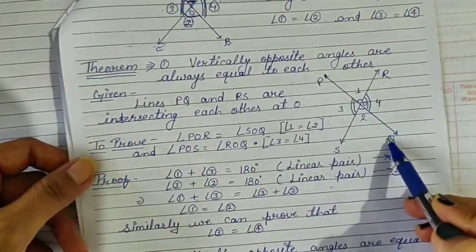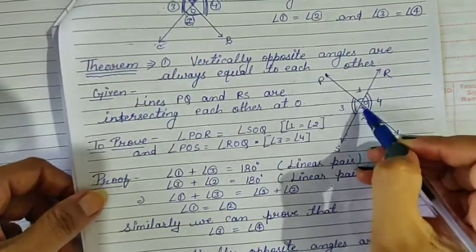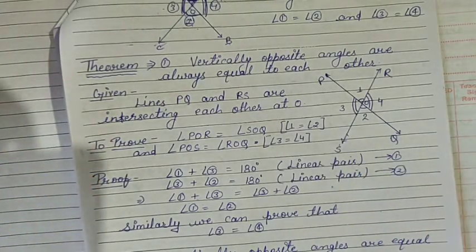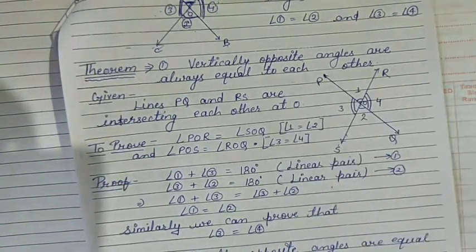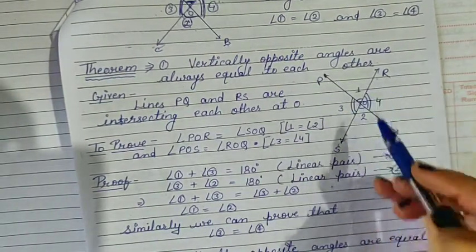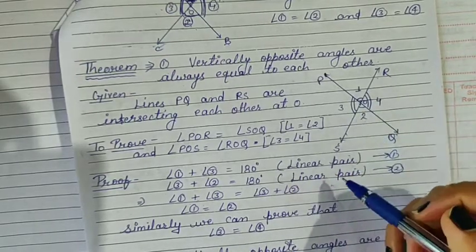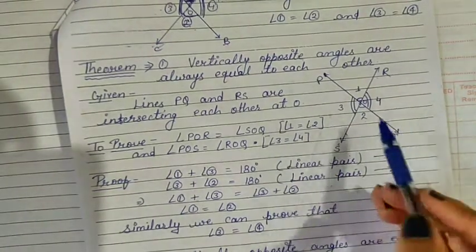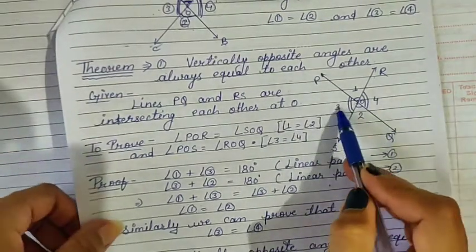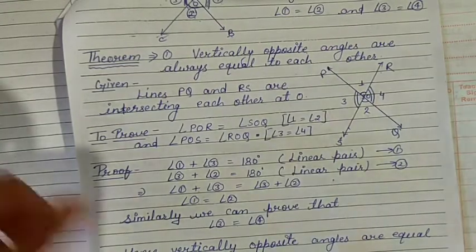Line PQ and line RS are intersecting each other at point O. This is point O. Then we have to prove that angle POR equals angle SOQ. It means angle 1 equals angle 2. We have to prove this. And angle POS equals angle ROQ. It means angle 3 equals angle 4. We have to prove this. So how can we prove it?